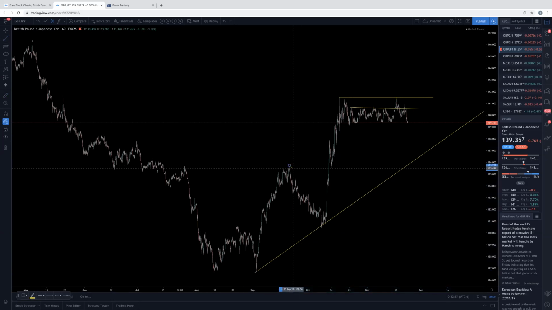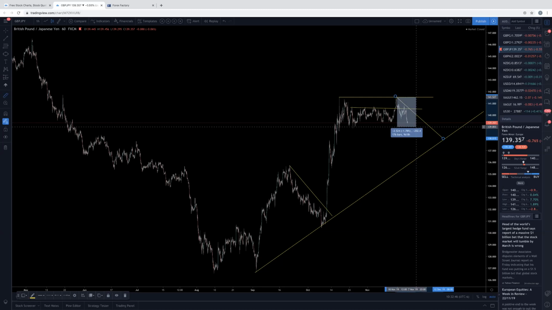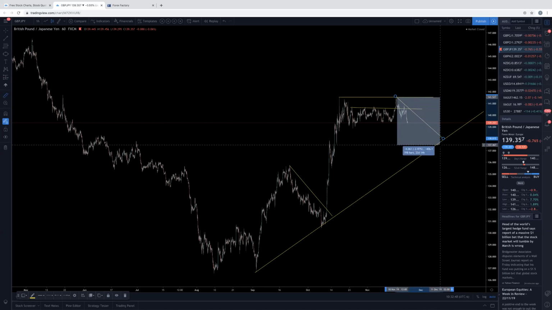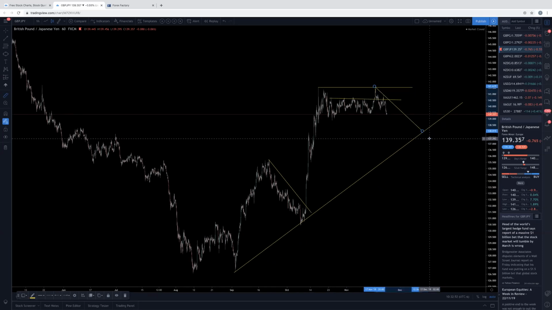Just like I got that, I'm looking for this. So we still haven't broken the bottom of the channel yet. That's a 400 pip move that I'm expecting, but it's all because I know where I'm at.